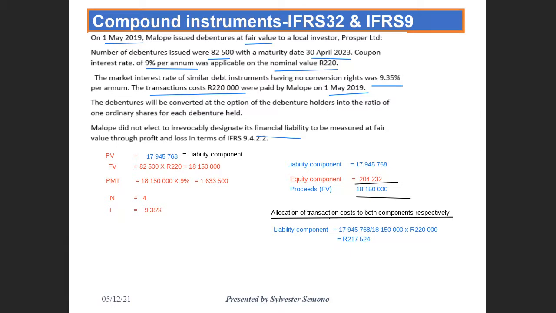So for the equity component, the easiest way is to take 220,000. Is it 220,000? Yes, and then I'm going to minus 217,524. That is the short way of doing it. So let's use the calculator. How much do I get?